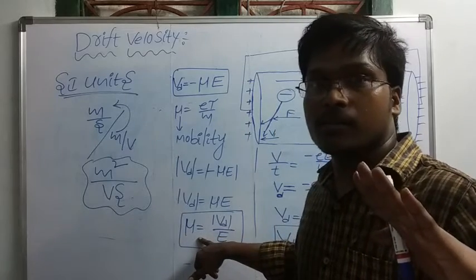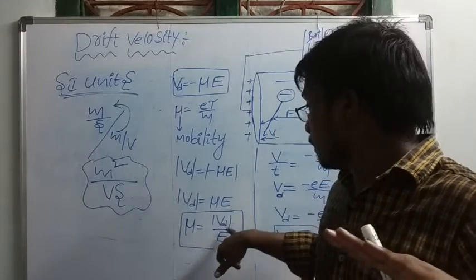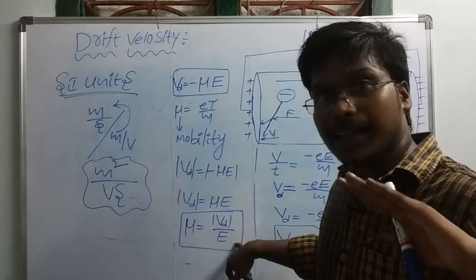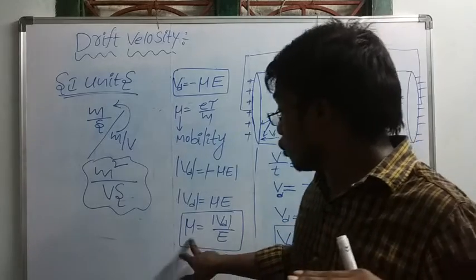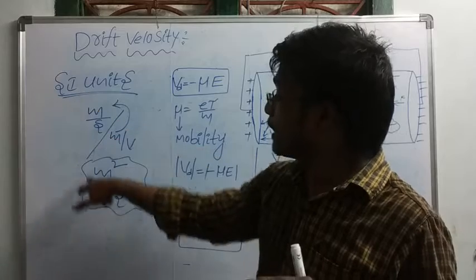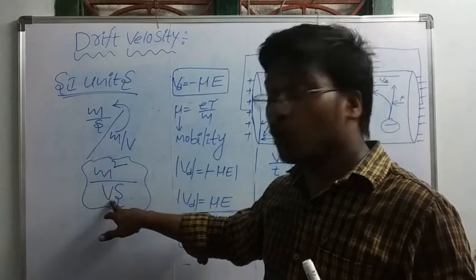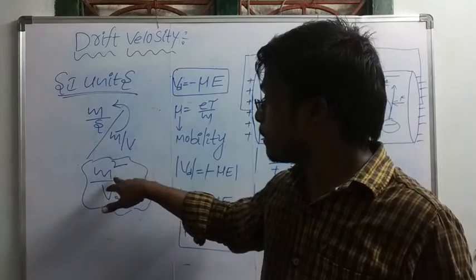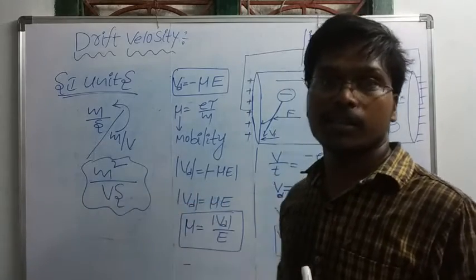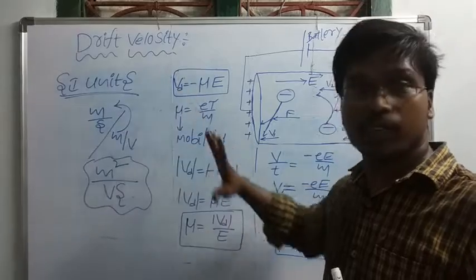Mobility definition is drift velocity per electric field. What are the SI units of that mobility? Meter square per volt second. So these are the units of mobility.